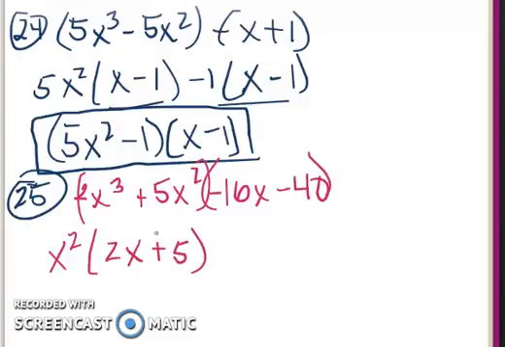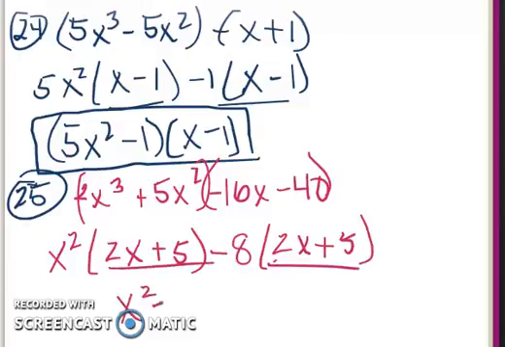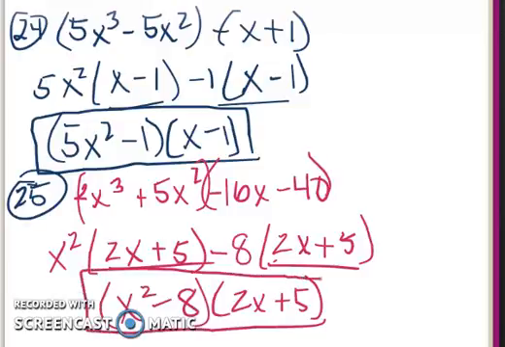Over here, I want both of them positive, so I'm going to take out a negative, maybe 8. Would that do it? 8 out of 16 is 2. So I'm thinking, yeah. 8 out of 40 is 5. I think, yeah. They look the same. This is it. And there we go. Boom, boom, boom.